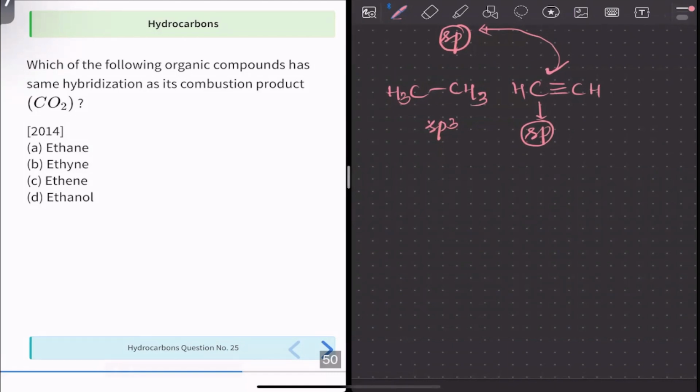But let's find out the hybridization of the other two options also. Ethene has sp2 hybridization. Then ethanol, C2H5OH, will also have sp3 hybridization. So the correct answer is option B.